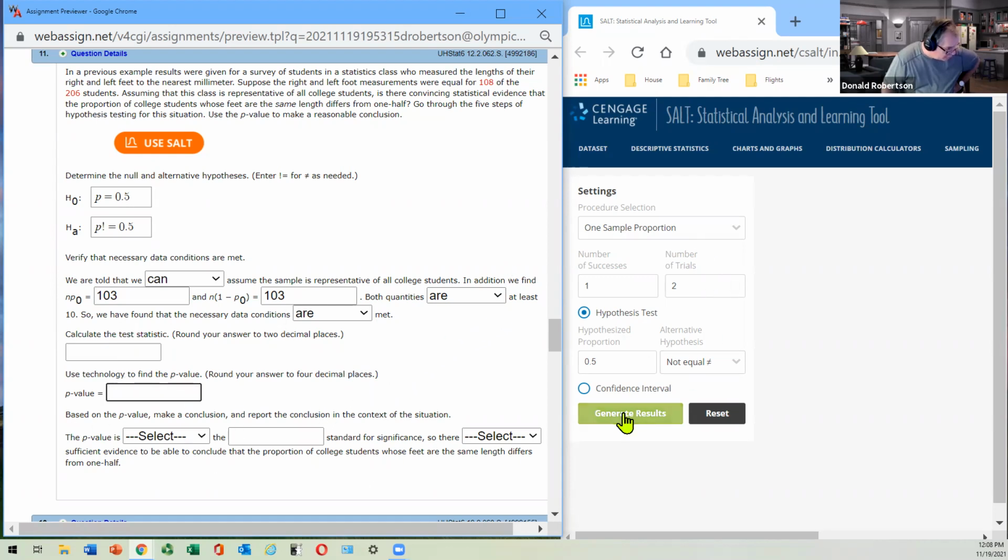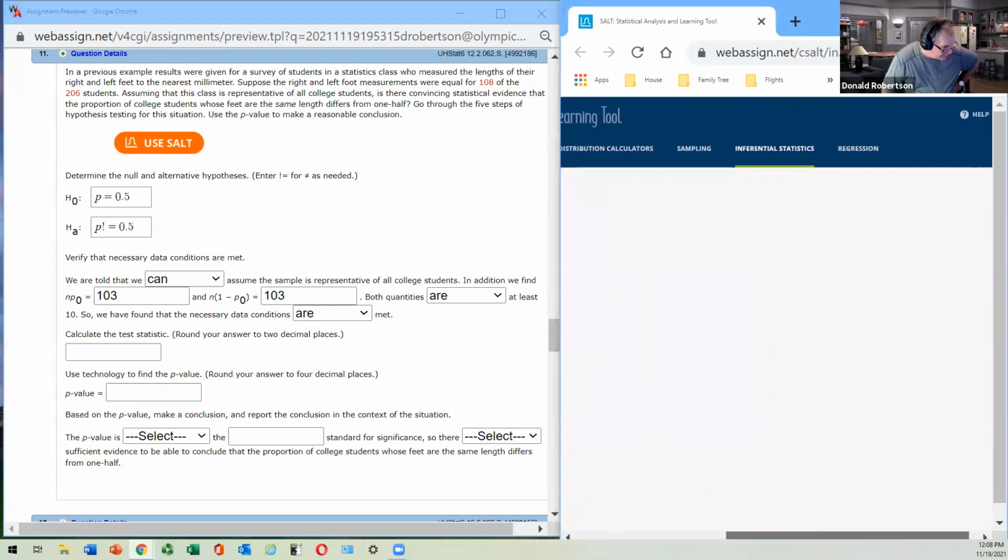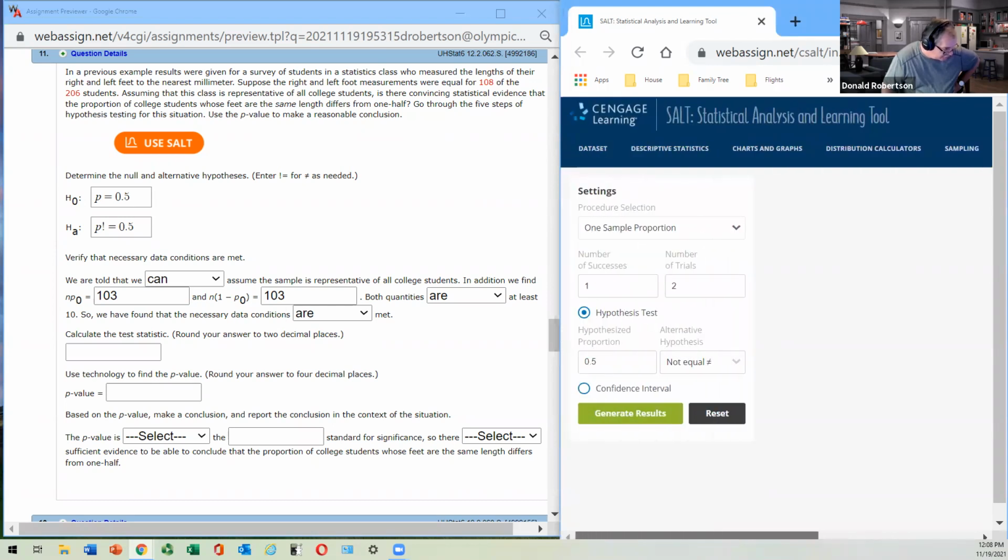And so I'm now moving over to here. The one that you want to pick to make this happen is inferential statistics, one sample proportion. In our sample, we managed to get 108 people, out of a grand total of 206.